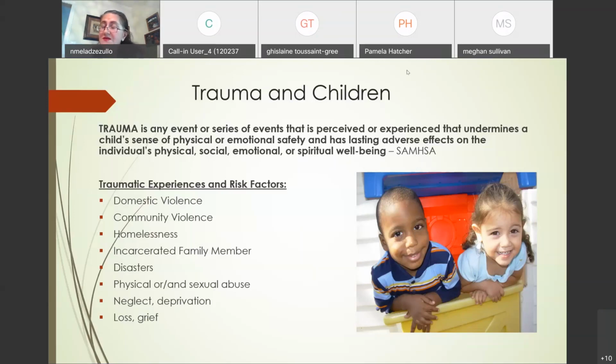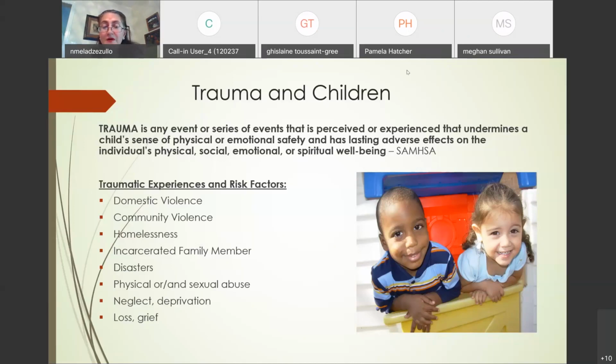Community violence, we know that's a really big problem here in DC. Homelessness, we have lots of children, especially I work for Head Start and I know we deal with that a lot, and moving from one home to another or from one foster home to another one. That could all be a really big problem for the child, affecting his emotional well-being.